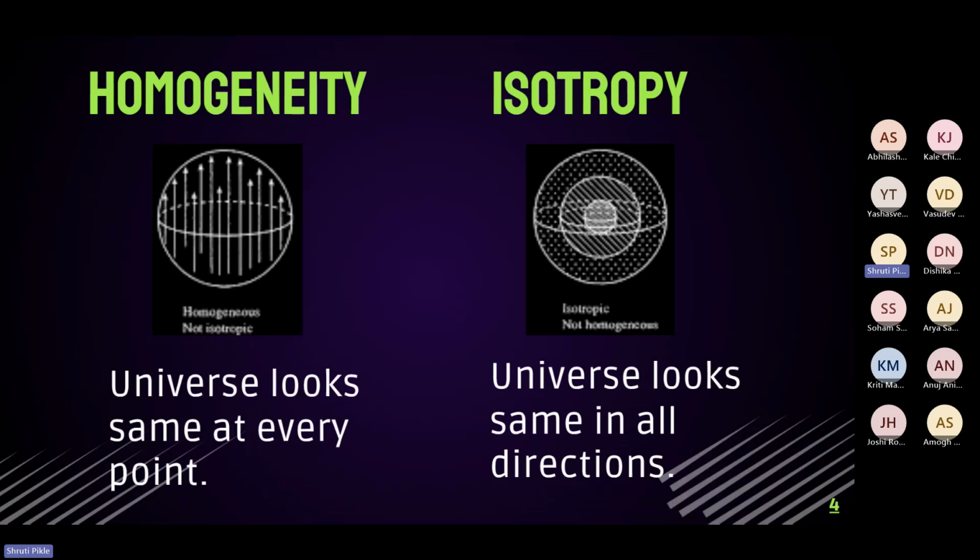That is, wherever you go in the universe, at whichever point, the universe will look the same to you, right? And what is isotropy? It means that the universe has no special direction. So wherever you go in the universe, in whichever direction you look, the universe is going to look the same, right?